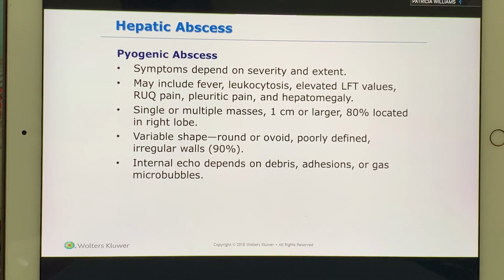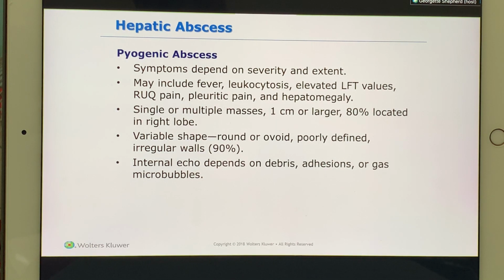Some of them can be round or ovoid, but most of the time they're going to be poorly defined. Internal echoes are heterogeneous because they can have debris, adhesions, or microbubbles. With microbubbles inside the liver, when you move your transducer, it looks like a sparkler inside the liver.